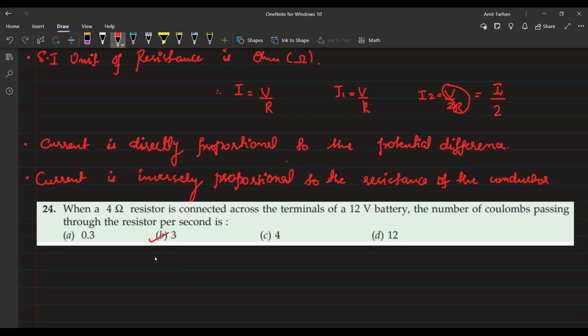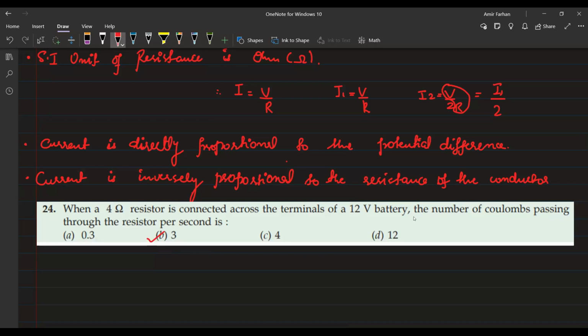No, sir, 3. Samina also said 3. Karishma said 3. What about Hiba and Abdullah? 3, sir. Very good. The correct answer is 3.